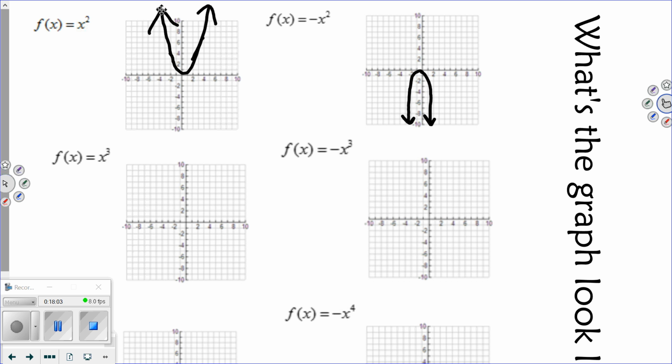Jay, pick somebody to do x cubed. Somebody want to volunteer for x cubed? Ben, come do x cubed for me. That works. Arrows, arrows, it keeps going, right?